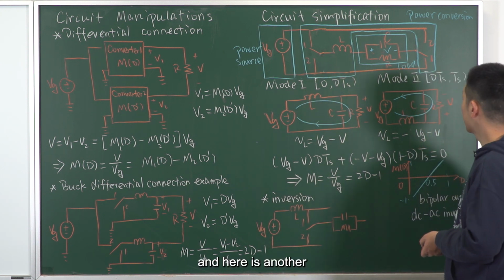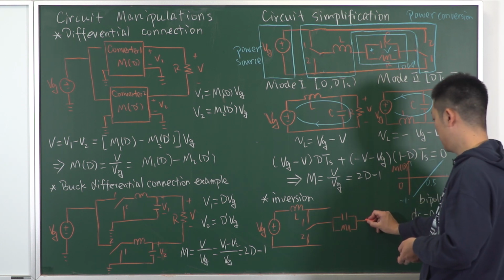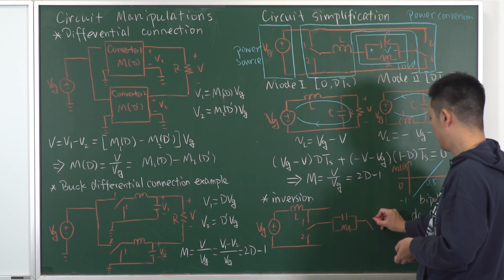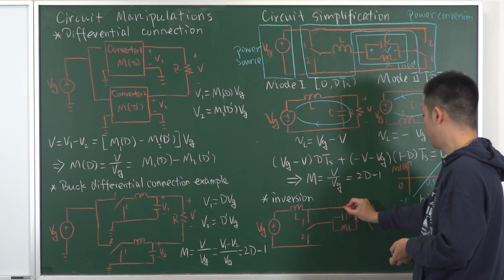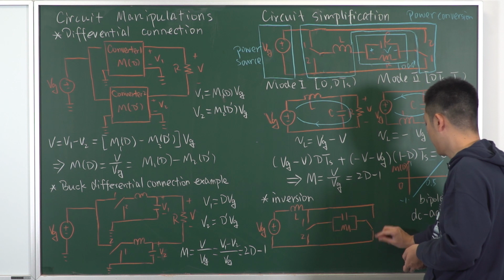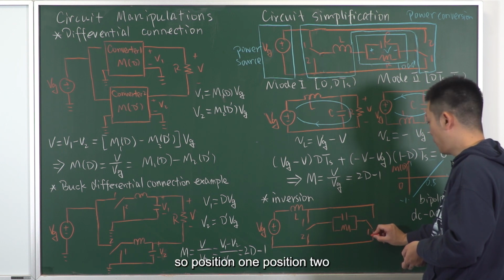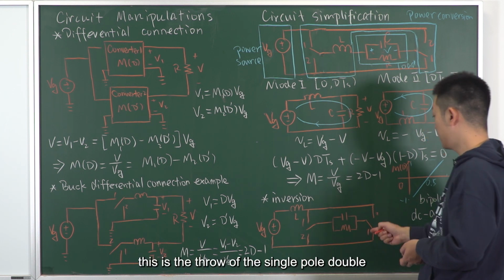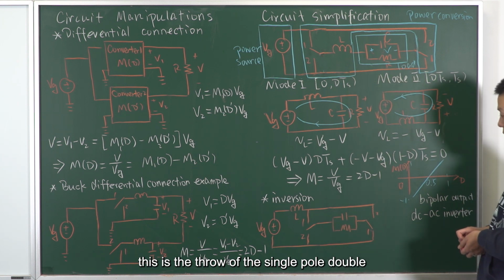And here is another switch network, so position 1, position 2. This is the throw of the single pole double throw switch.